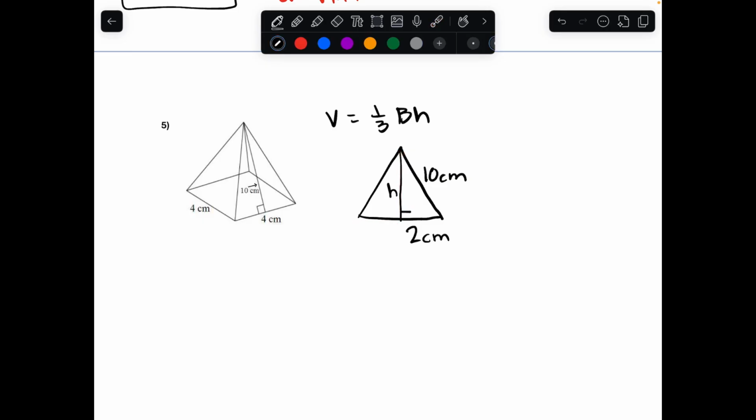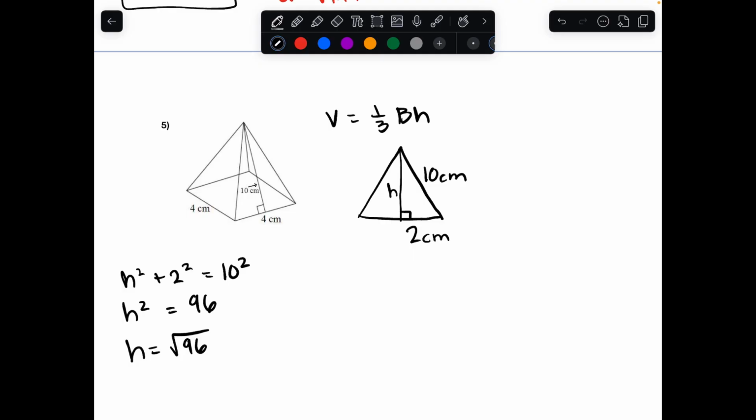Now this is going to form a right triangle, and so we can use the Pythagorean theorem again in order to solve for our height h. So our height squared plus 2 squared has to be equal to 10 squared. Solving for h, we're going to see that h squared is equal to 100 minus 4, so 96. And hence, h is going to be equal to the square root of 96.